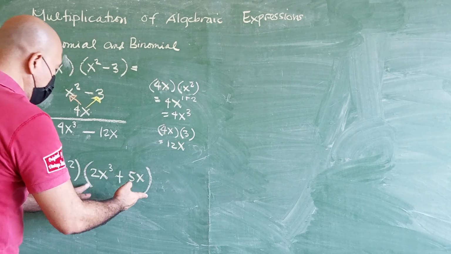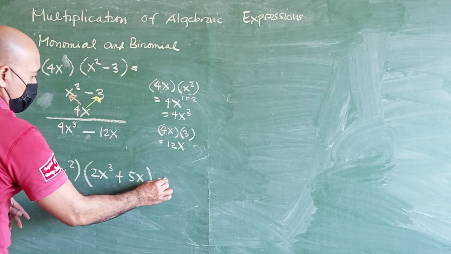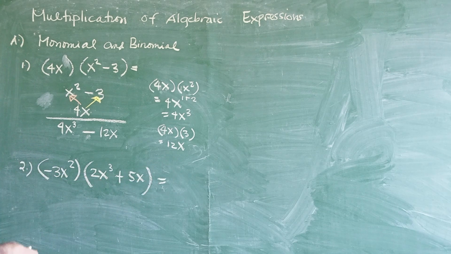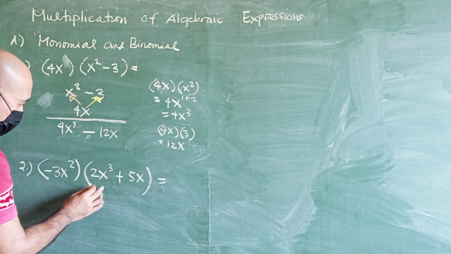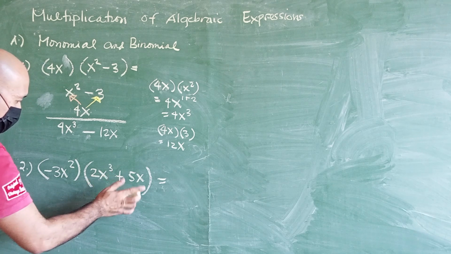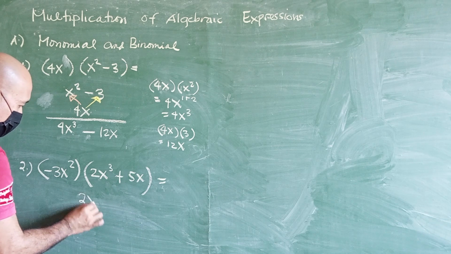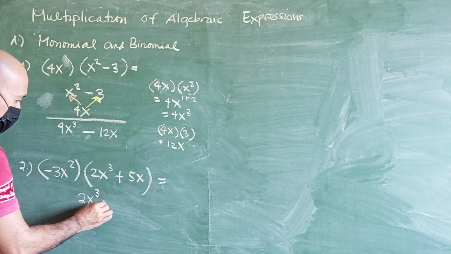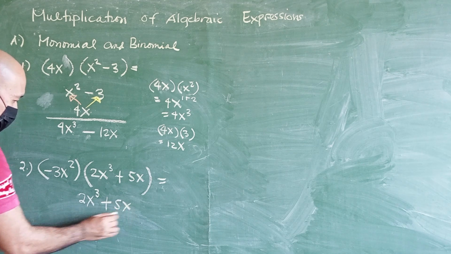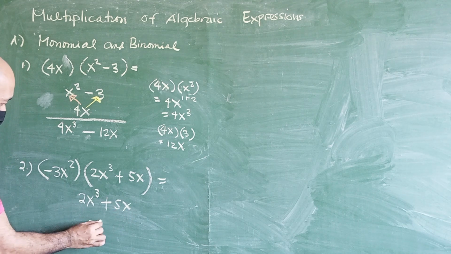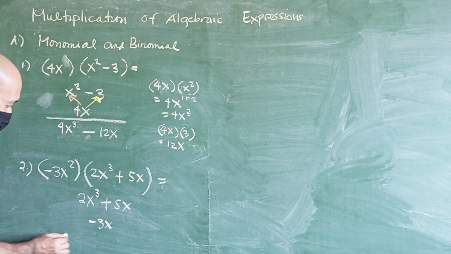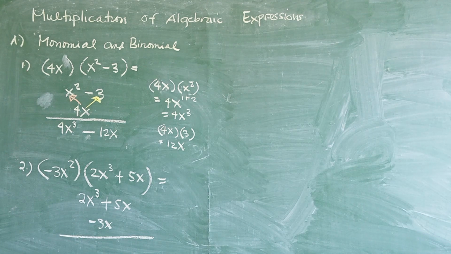So either you continue that way, but in my case, I always suggest, and I keep on telling this, that the convenient way is to rewrite the given into a vertical arrangement. You write first the one with the most terms, so the upper line should be 2x cubed plus 5x, and then times negative 3x squared. Try to follow.